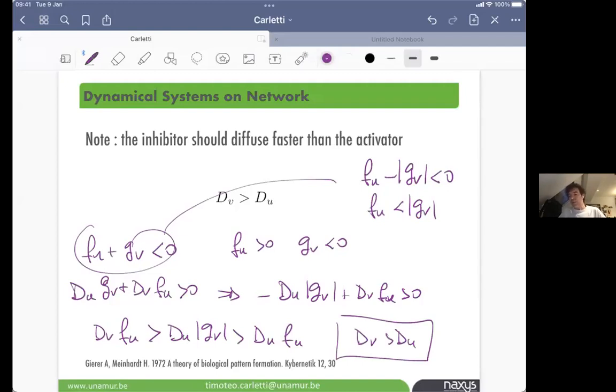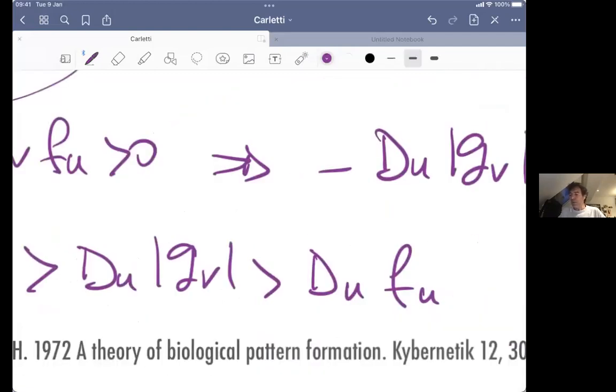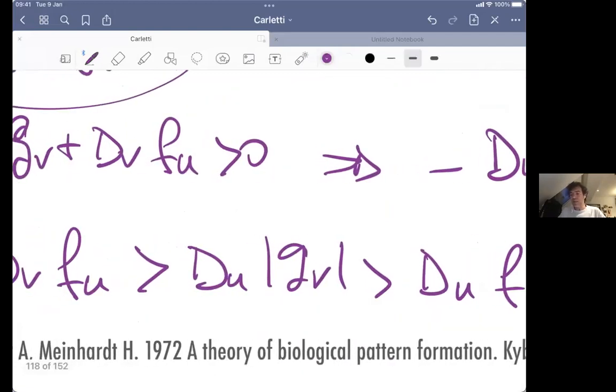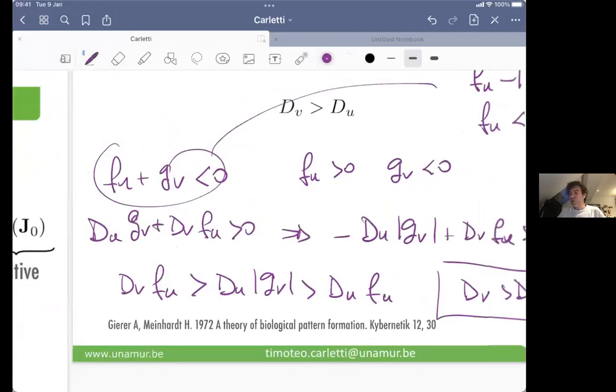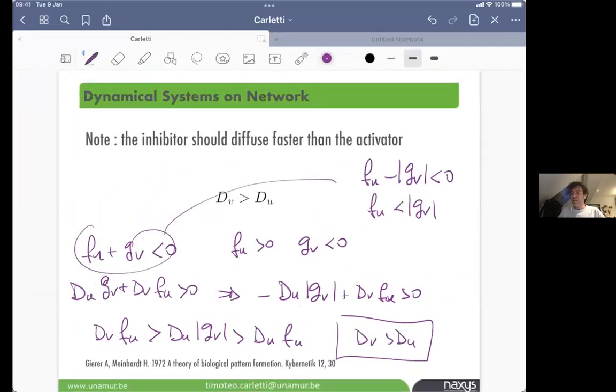And then Gierer and Meinhardt, in this paper that is quoted down here, found it again, say, 20 years later. And they show that indeed all the Turing patterns exist because of this constraint. The inhibitor should diffuse faster than the activator. And sometimes you have some kind of long range interaction because the inhibitor goes very fast, and once it's far away, it inhibits.